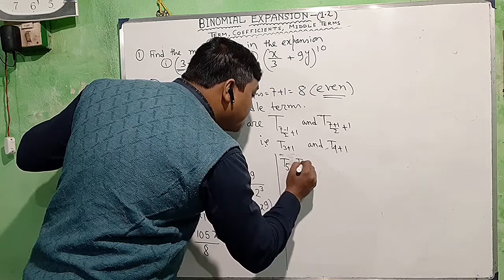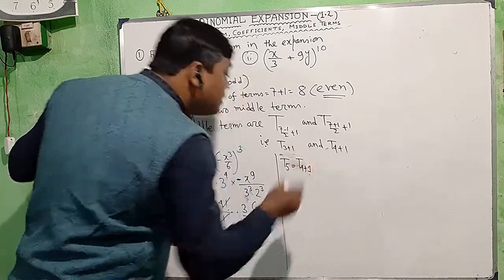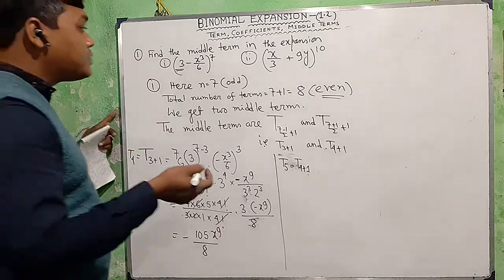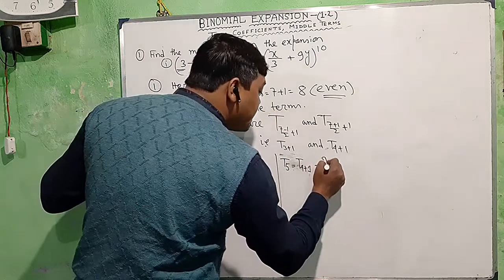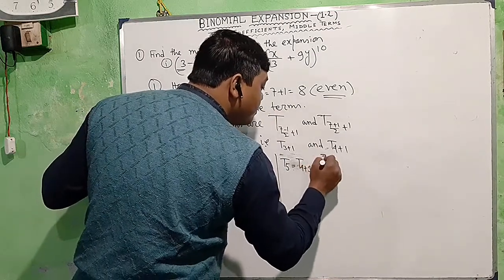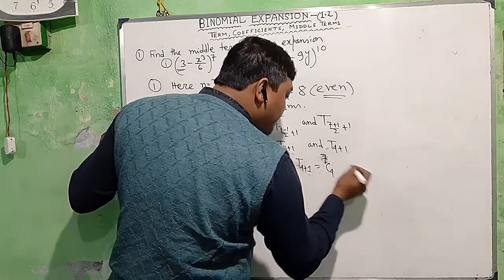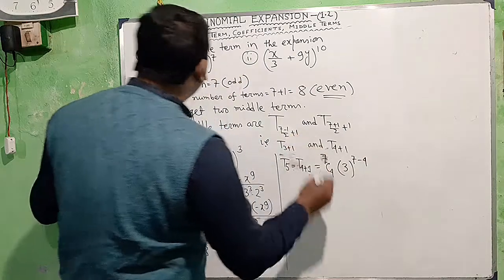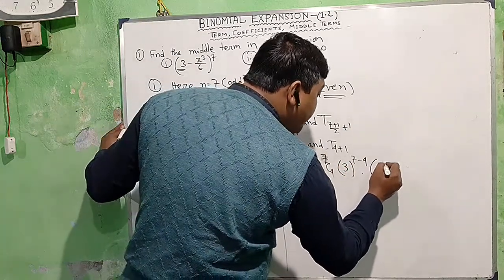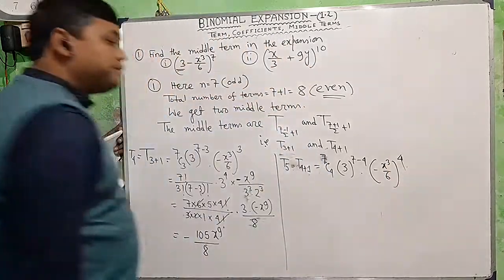So t4 plus 1, I have to write first t5, that is the fifth term. So the fifth term can be expressed as t4 plus 1, and by using the rule t(r+1) = nCr, here n equals 7, 7C4 a to the power n minus r, that is 3 to the power 7 minus 4 into (minus x cube by 6) whole to the power 4.